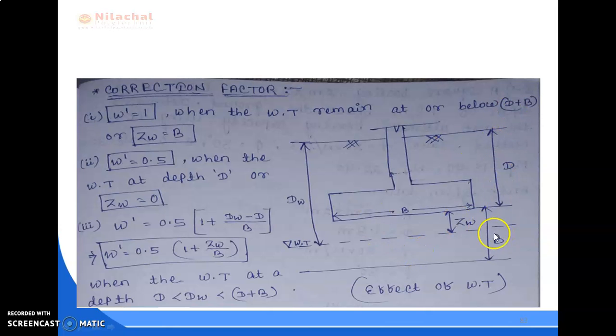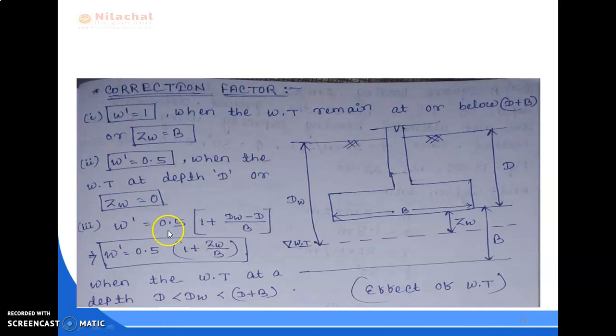Second, W dash equals 0.5 when the water table is at depth D or ZW equals 0. Whenever the water table is present here at depth D, we put W dash equal to 0.5.